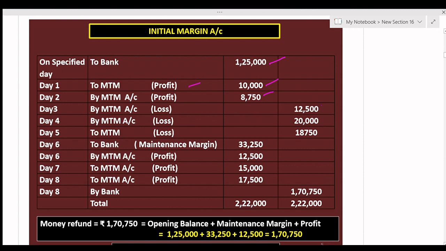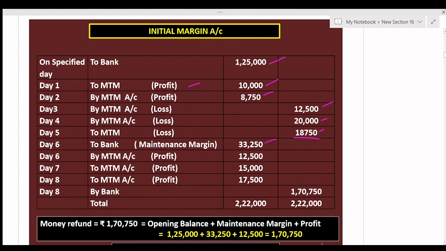Now loss is 12,500, that is MTM account debit to initial margin 20,000 and 18,750. Now the balance falls below 1 lakh. So the party will bring the fund 33,250 to bring back to the original position 1,25,000.